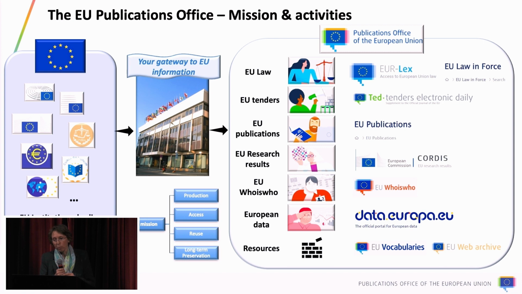And the Publications Office produces also some things that are for reuse. Those are the reference data that we use to run our websites. And last but not least, we have also a website with our EU Web Archive, because as our data is open, our Web Archive website is also open.